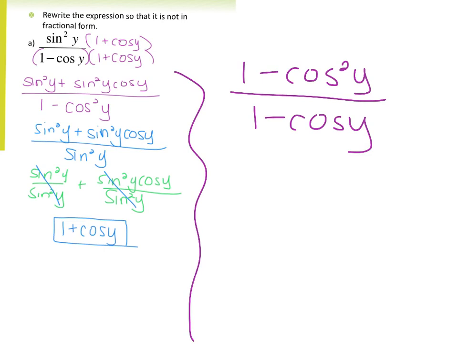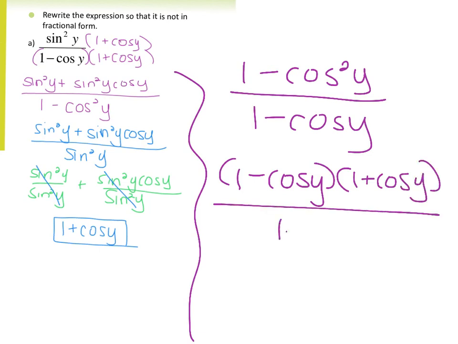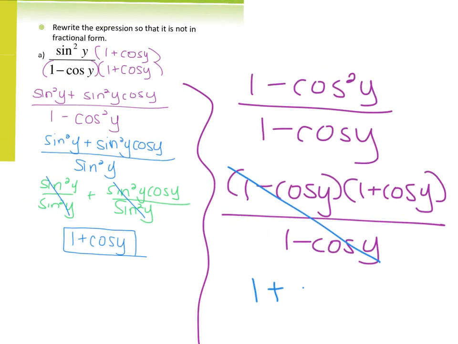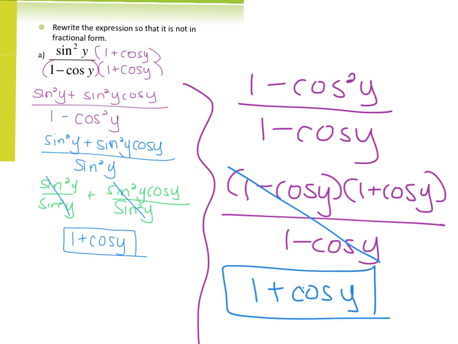So you can factor it. Good. 1 plus cosine, 1 minus cosine. And then I can cancel through my 1 minus cosines, and I get 1 plus cosine. So that's one of those where you would have gotten lucky on your answer, but you would have lost credit on the work. So just be careful, because especially sections 1 and 2, I'm going to look at your work.